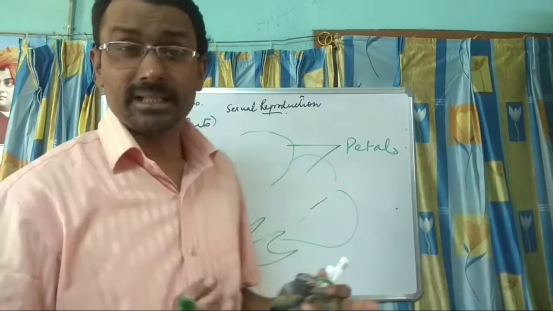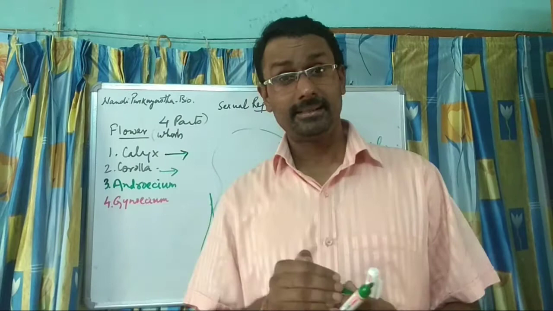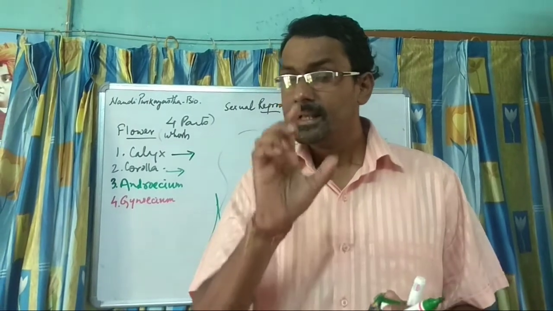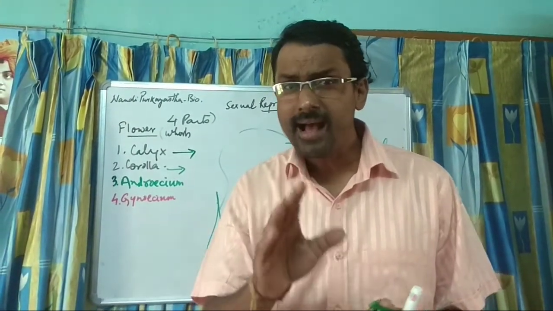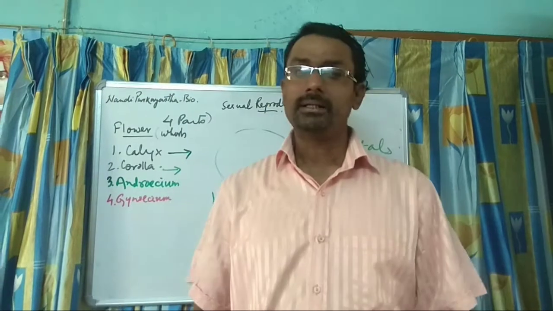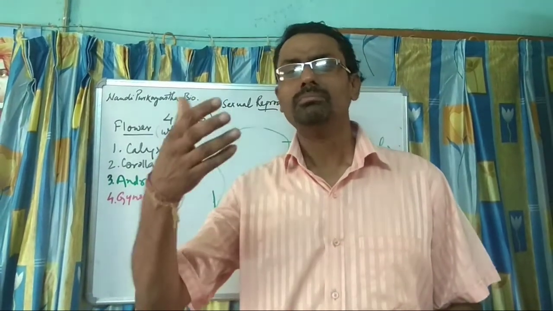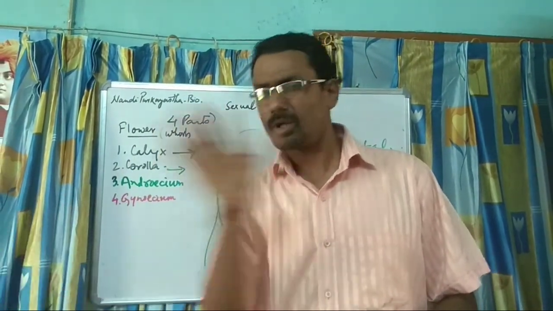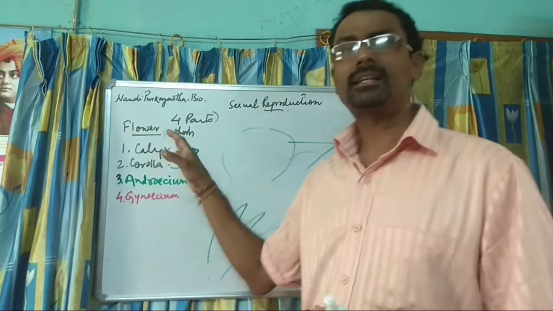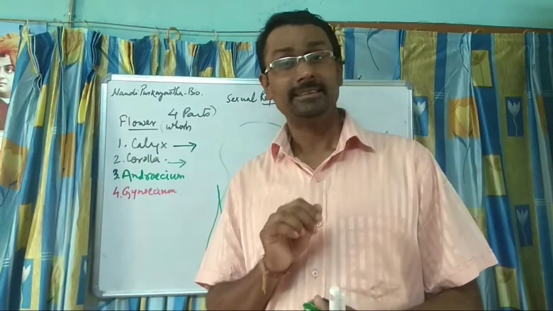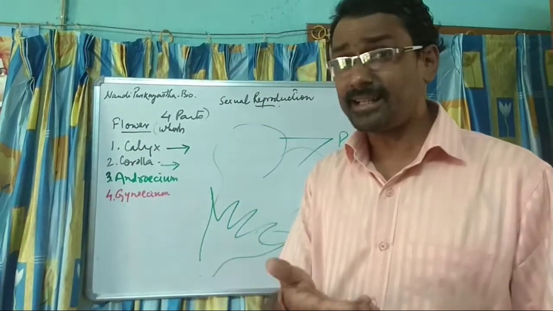They are brightly colored. The color of the corolla is the color of the flower. It may be green, blue, orange, red, white, whatever it is, we call it the color of the flower. Why is it colored like that?